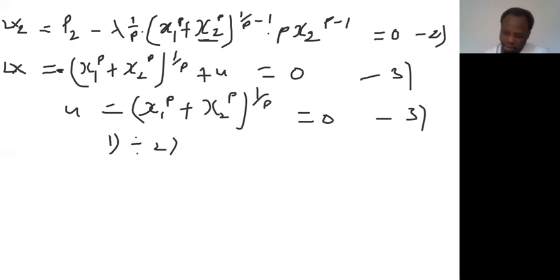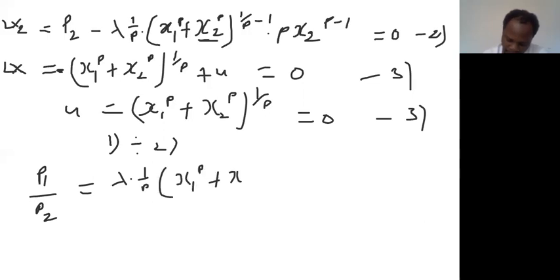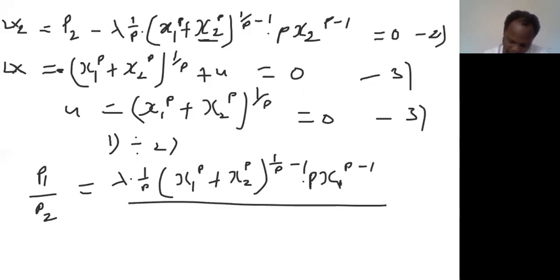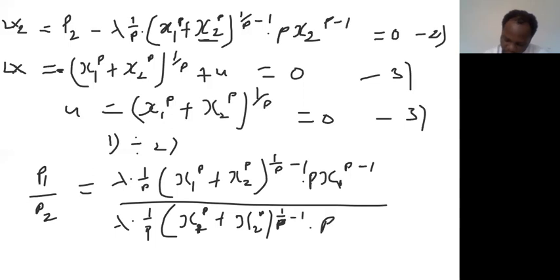Now when I differentiate equation 1 by equation 2, I'm going to have P1 over P2 is equals to lambda multiplied by 1 over φ into bracket x1^φ plus x2^φ into bracket 1 over φ minus 1, multiplied by φ x1^(φ-1), all over lambda 1 over φ, x1^φ plus x2^φ to the power 1 over φ minus 1, multiplied by φ x2^(φ-1).